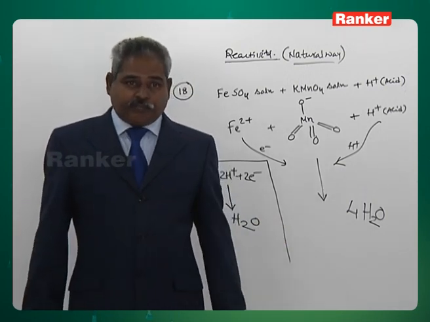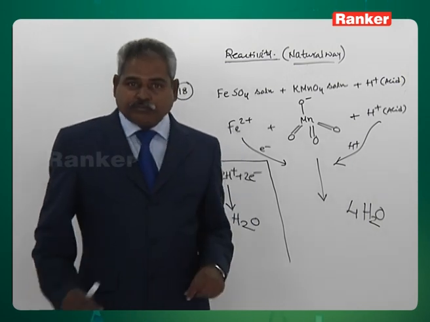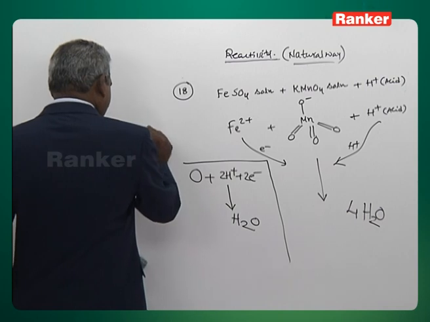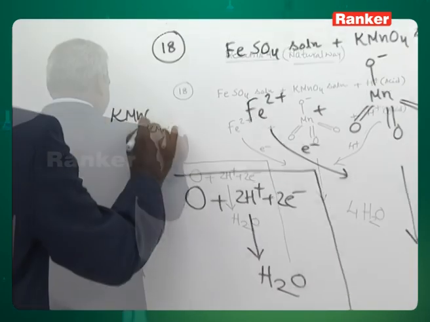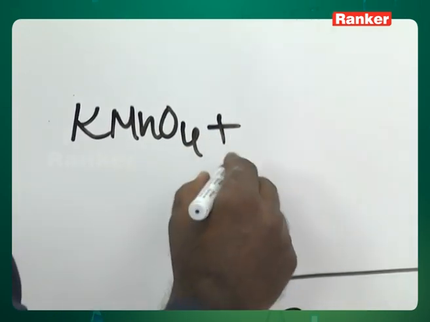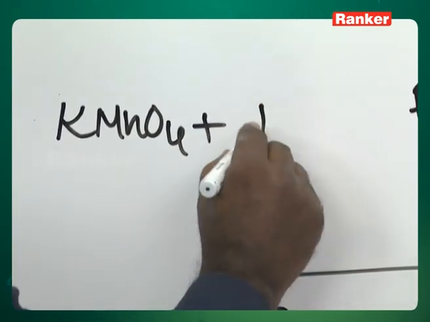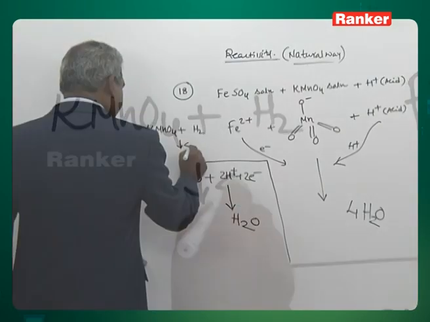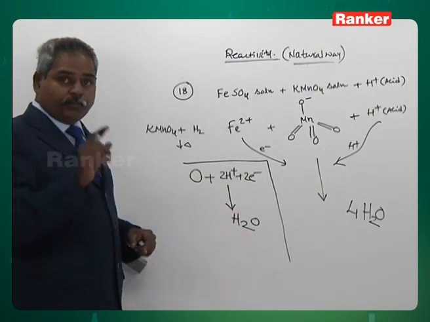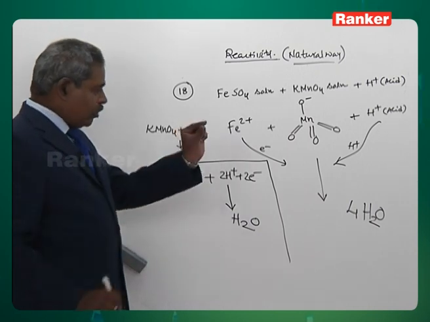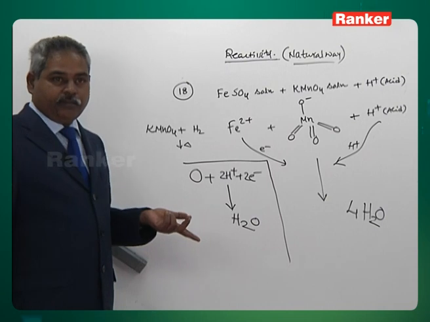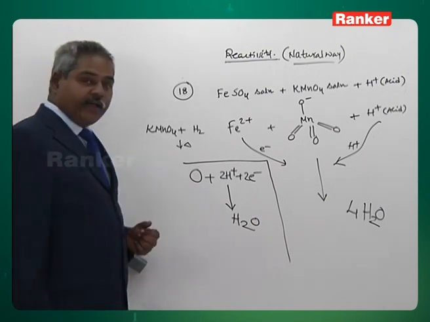Listen, if you want hydrogen atoms, suppose here is potassium permanganate, and you take a substance that can give hydrogen atoms. Suppose you take hydrogen and you heat it. When you heat these hydrogen molecules, these molecules will break into atoms, and those atoms can be used by oxygen. But see, you are talking about heating.